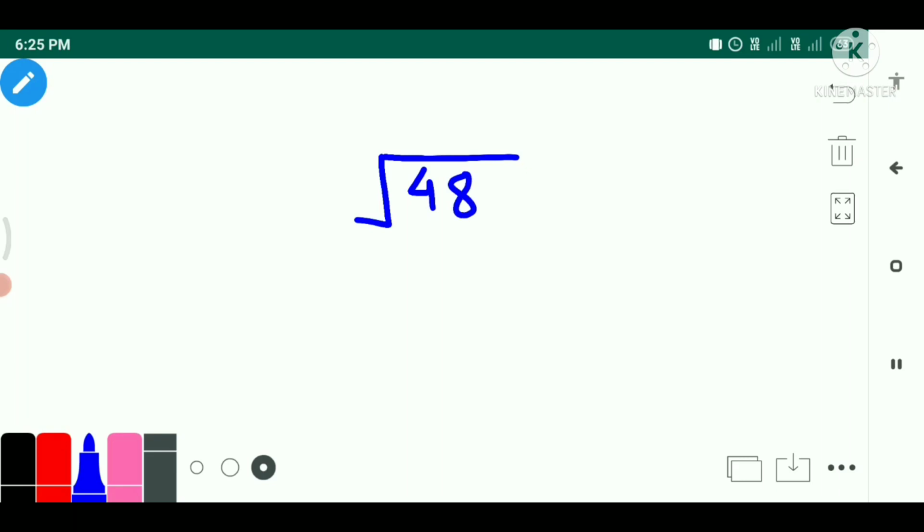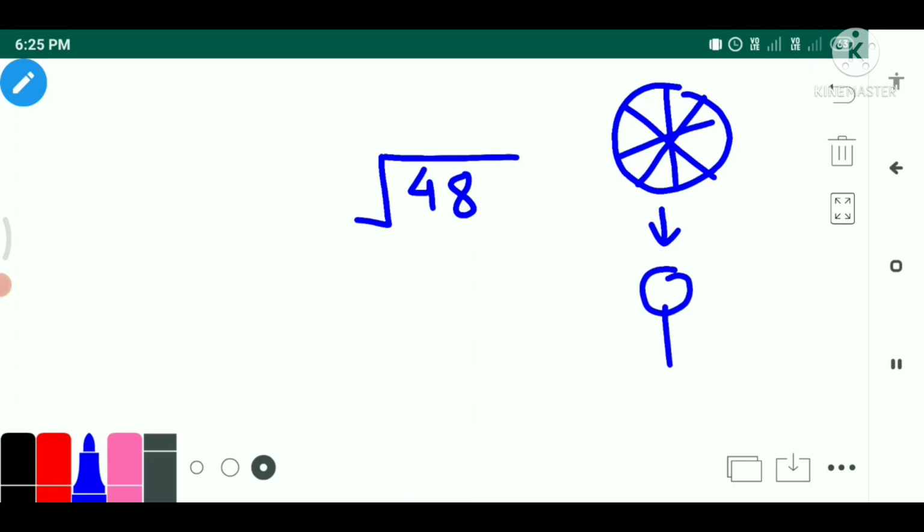Just imagine a cake is there having 48 pieces. Now if one child gets 2 pieces of cake, this one is 1 and this one is, suppose, the second piece.